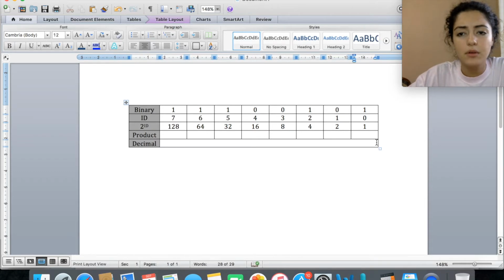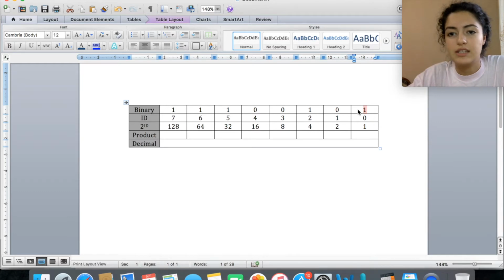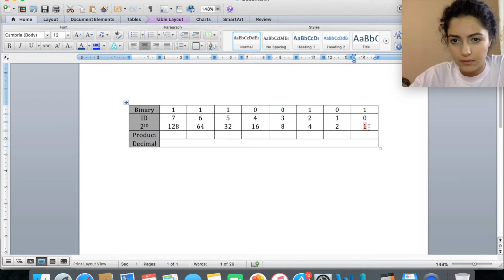In the fourth row, we have to write the product of the third row and the first row. In other words, we're seeing if it's 1 or if the transistor, let's say, is on. We are counting the number in the third row, 2 to the power of its ID.